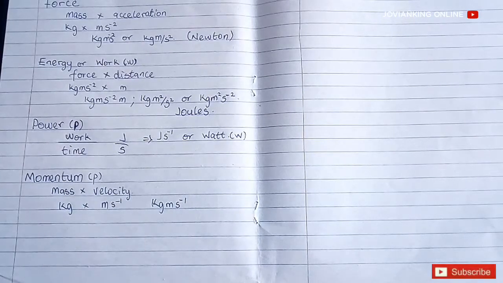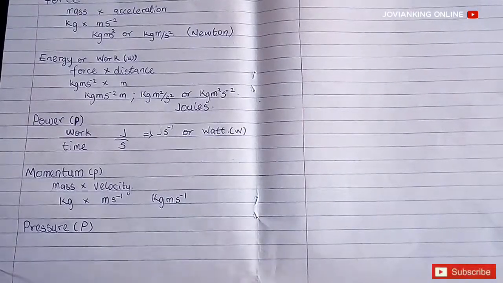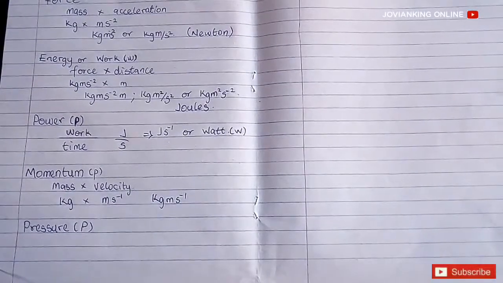So from here, we have the next one as pressure. By pressure, you will note that it has a simple practical example. Let's try applying this in fluid statics. Like in physics, there is a topic we call fluid statics.